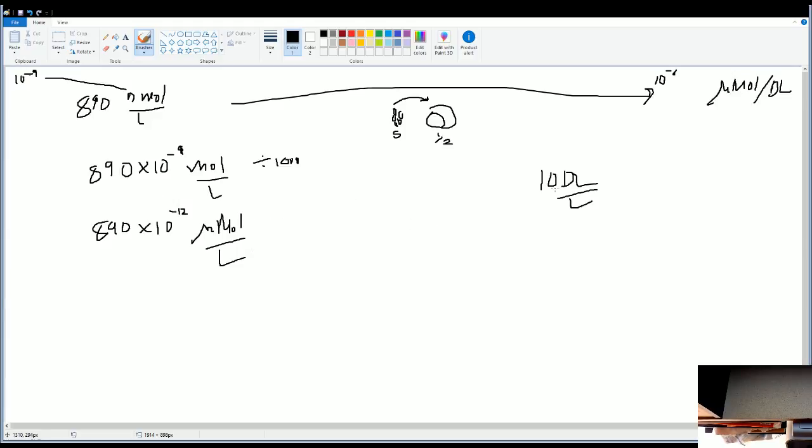So there's 10 deciliters in every liter, and you want to get rid of liters, so you put liters up here for sure.